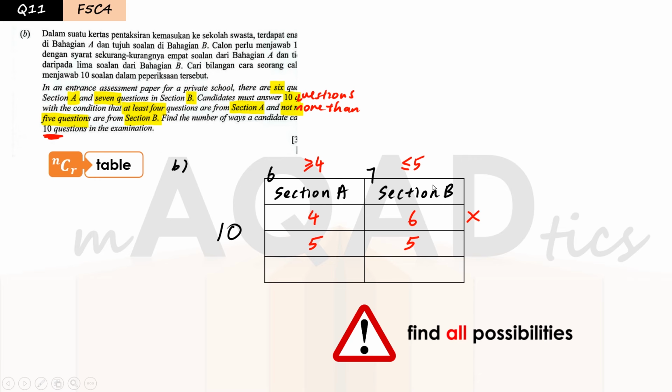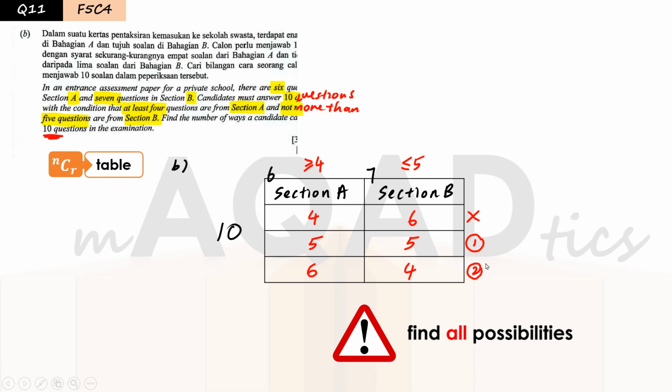It is 5. So this can be our first possibility. Let's go to the next one. Let us add another question in section A, so it's 6. This means we need to answer 4 questions in section B, again answering 10 questions in total. This value is lesser than 5, so this can also be our possibility.